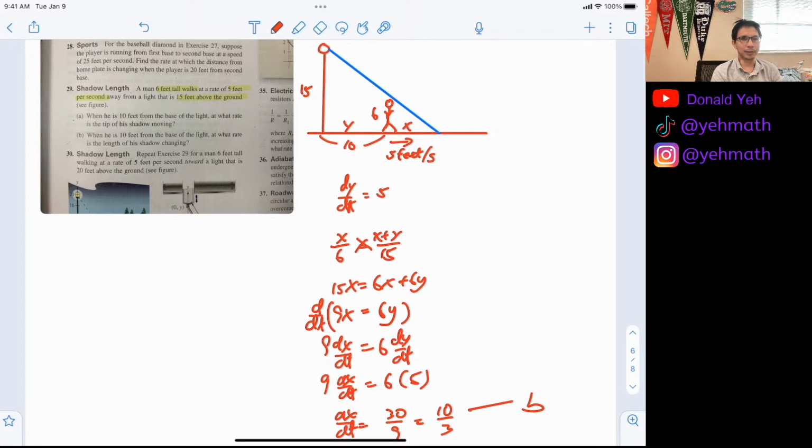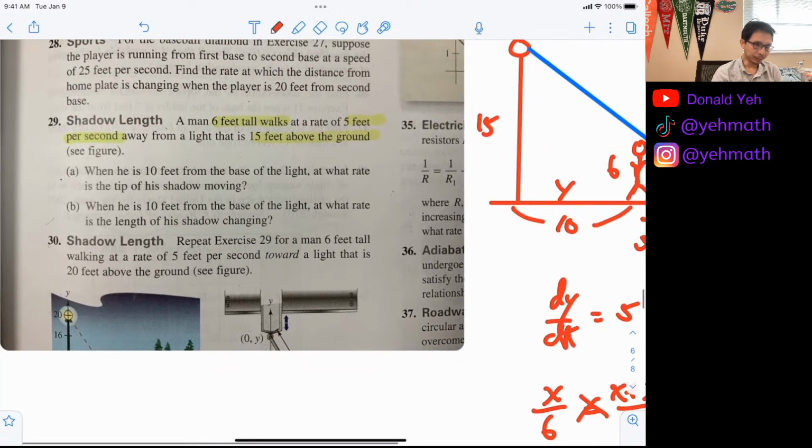That has no relevance to how fast the shadow is growing. Or is it the tip of his shadow? We got B is 10 over 3 feet per second.